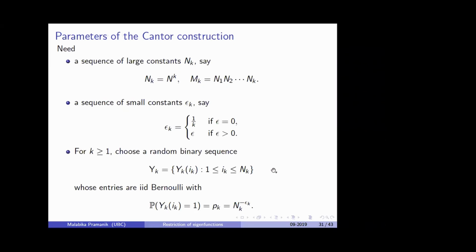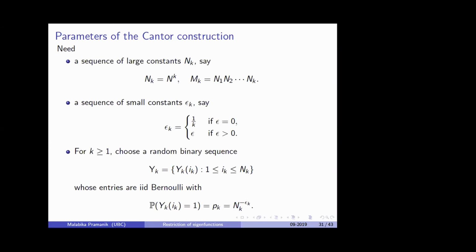Okay. All right, here we go. So let's formalize this a bit more. In order to set up a collection of random sets, we are going to need a sequence of large constants, capital N sub k, and we are also going to need a sequence of small constants, epsilon k.